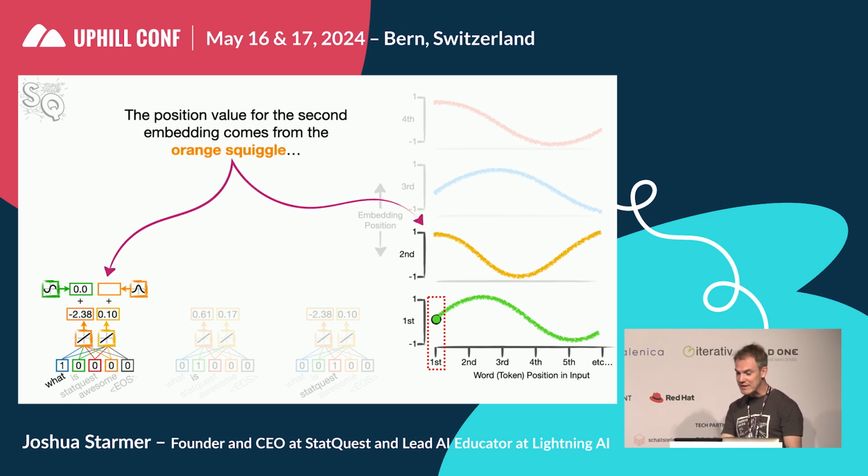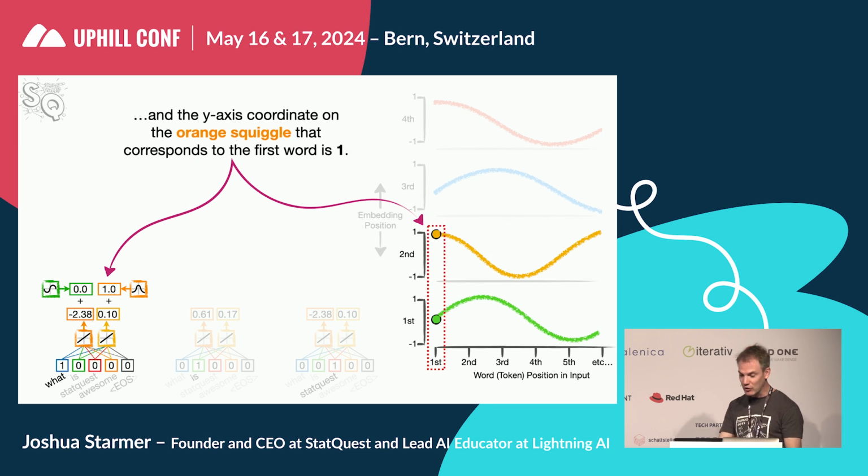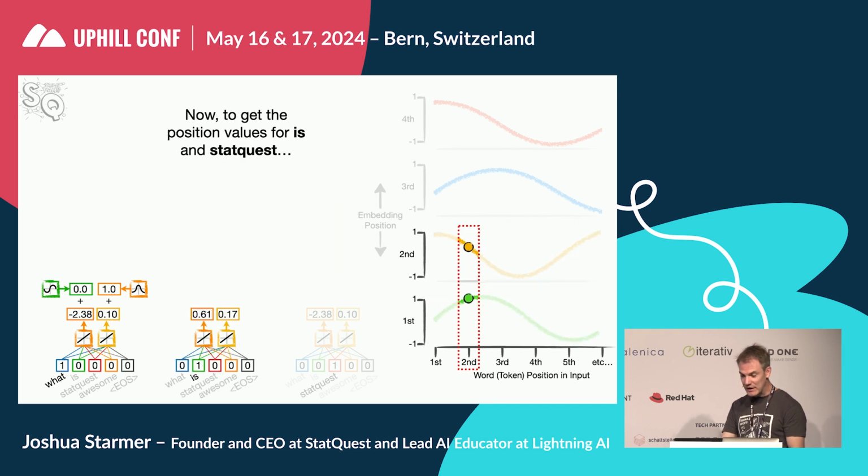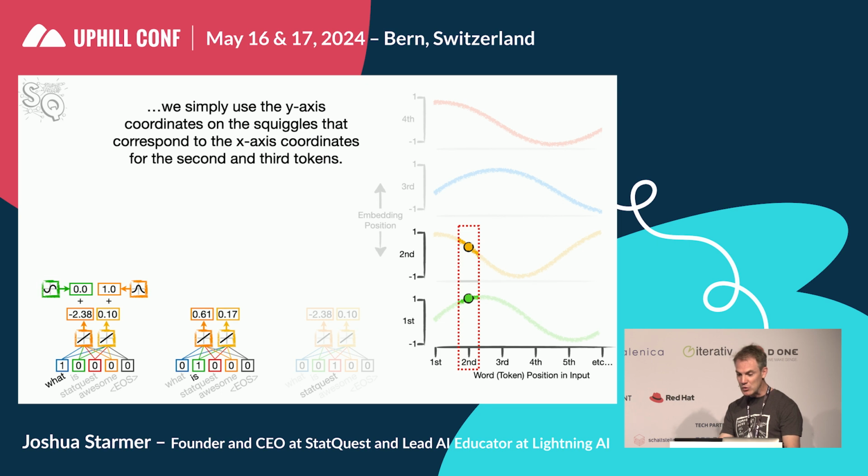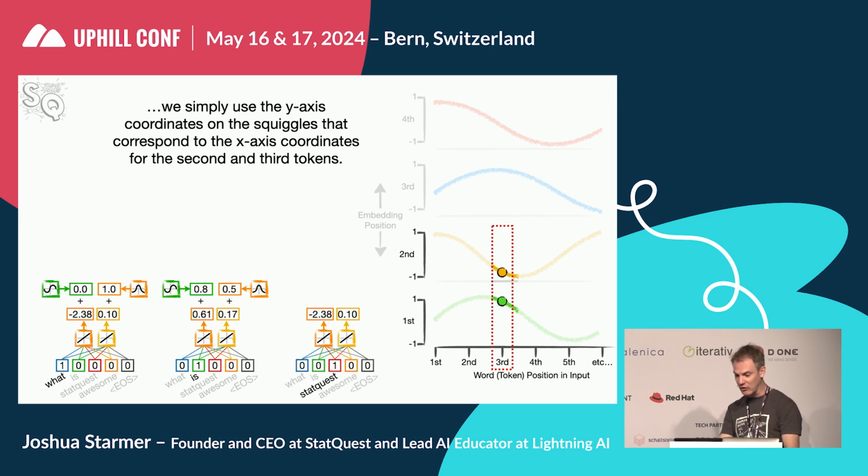The position value for the second embedding comes from the orange squiggle. And the y-axis coordinate on the orange squiggle that corresponds to the first word is 1. Yeah. Now, to get the position values for "is" and "StatQuest", we simply use the y-axis coordinates on the squiggles that correspond to the x-axis coordinates for the second and third tokens.